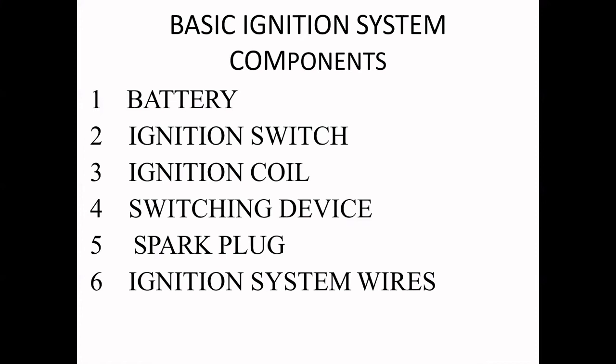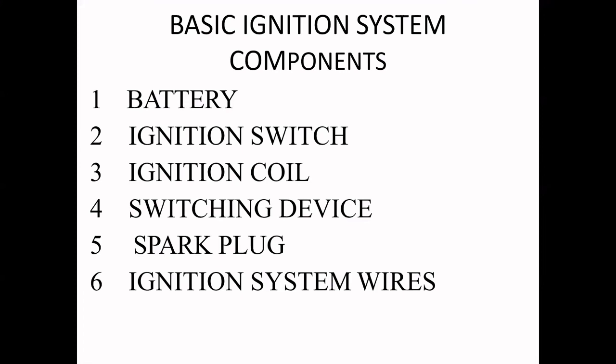The battery is one, the ignition switch is another component. All components together constitute the ignition system in a spark ignition engine. If one is missing, then everything goes wrong.